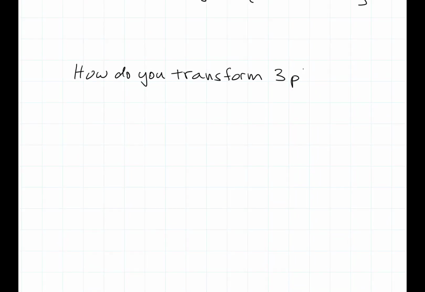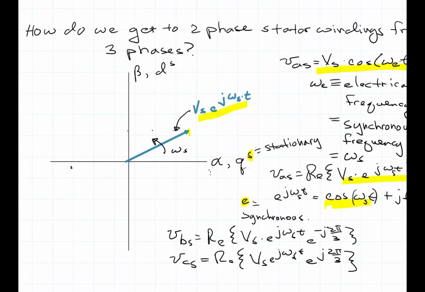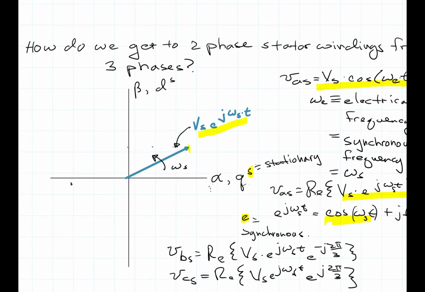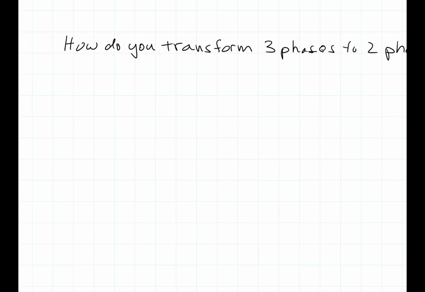Basically, how do you transform three phases to two phases? One mathematical expression I'm going to give you is going to give us the behavior I was explaining up here. I'm going to come up with a general expression for any electrical quantity.